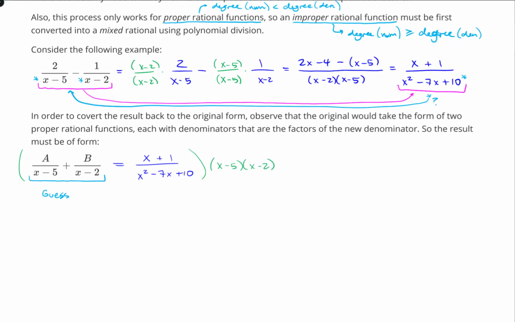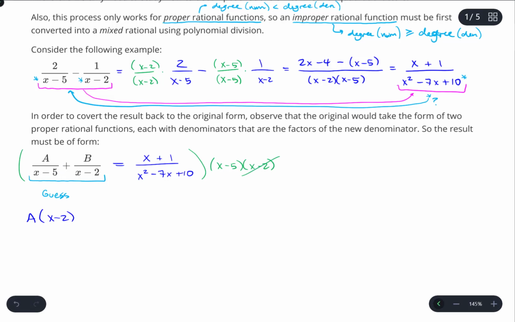Okay? Now, it's not going to completely get rid of them in every case. So for instance, if I take the product x minus 5 times x minus 2 times A over x minus 5, the x minus 5s would cancel there, but it's going to leave me with A times the remaining factor of x minus 2. Now, if I do the same thing by multiplying this times B, the factors x minus 2 would cancel, but leave me B times x minus 5.